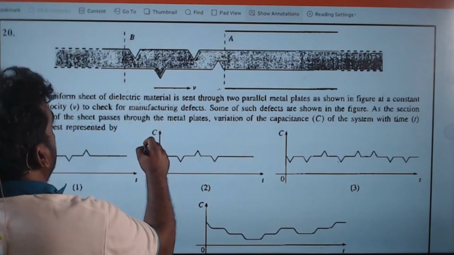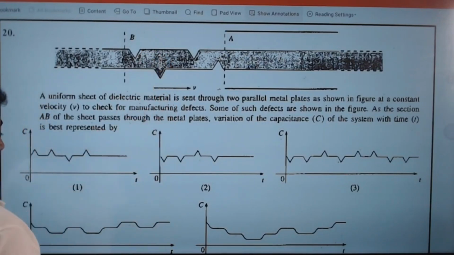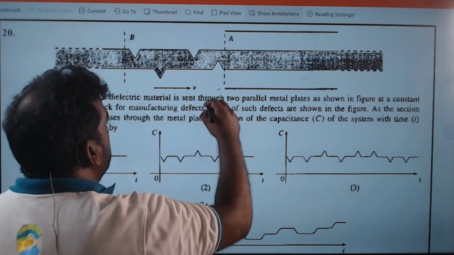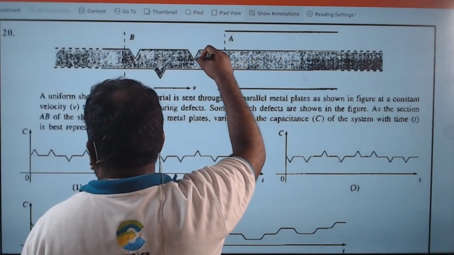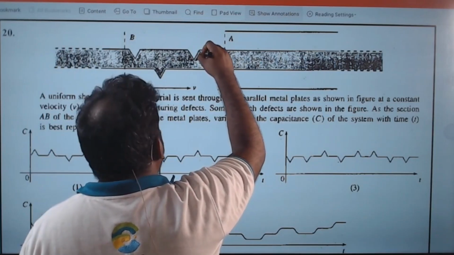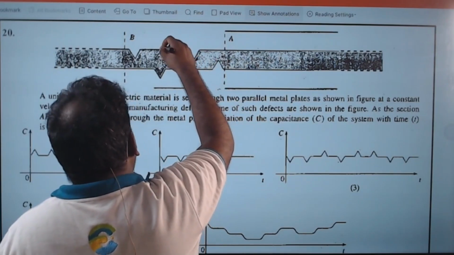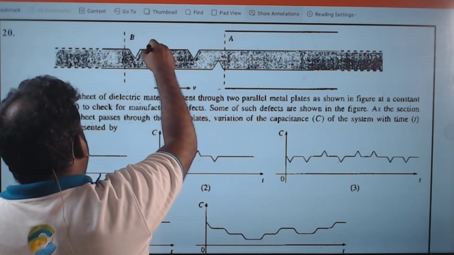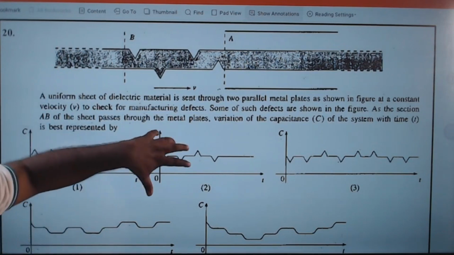Here as it goes, thickness will reduce, thickness will increase, constant. Thickness will increase, thickness will reduce, constant. So thickness reduces, effective capacitance will change.